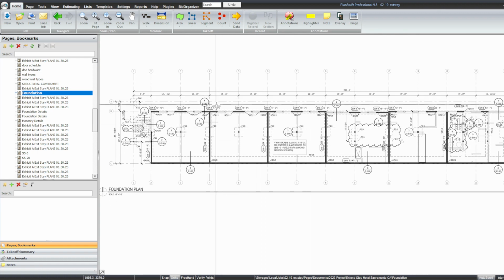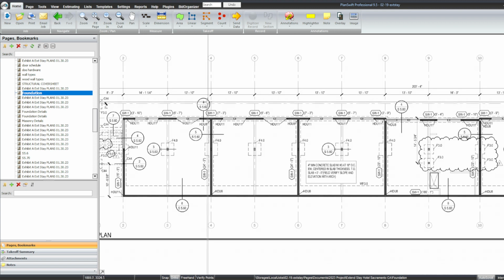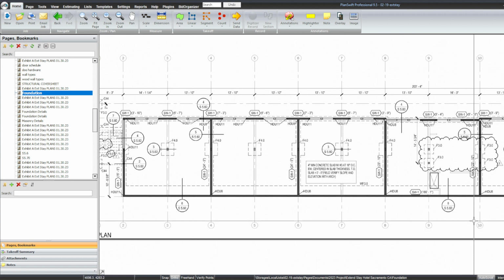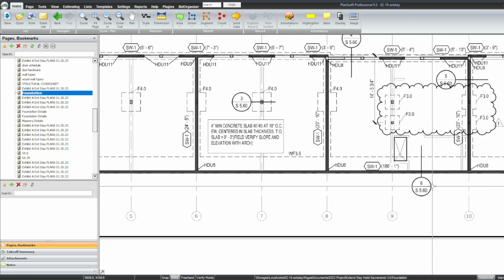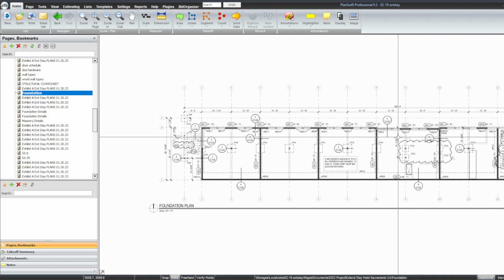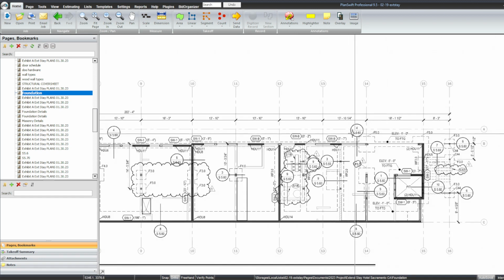Okay, and so what I'm going to do is measure how many linear feet of each of the different types of section views that they're giving me. And it appears that all this side is 8/S5.6, this whole length, because it's not telling me anything different. There's no other.